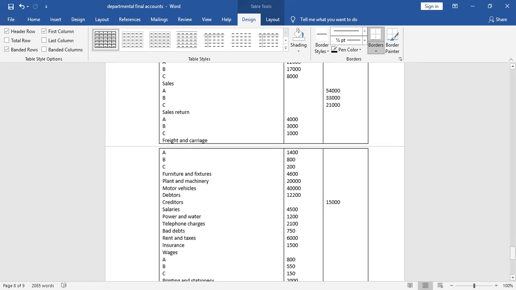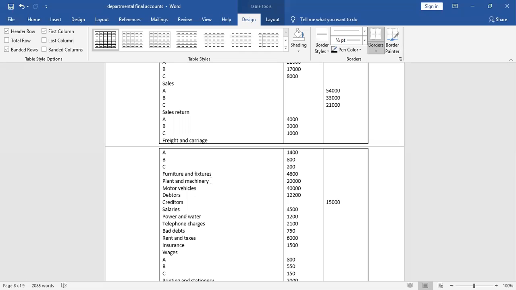And then after sales, after freight we have furniture and fixture. Furniture and fixture is an asset. Plant and machinery is an asset. Motor vehicle is an asset. Debtor is an asset. Creditor is a liability.